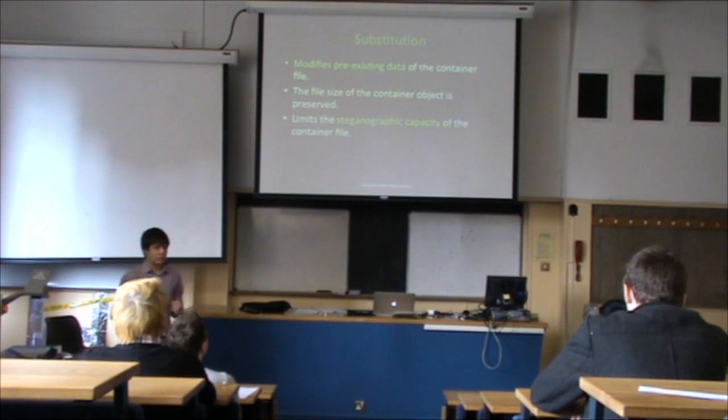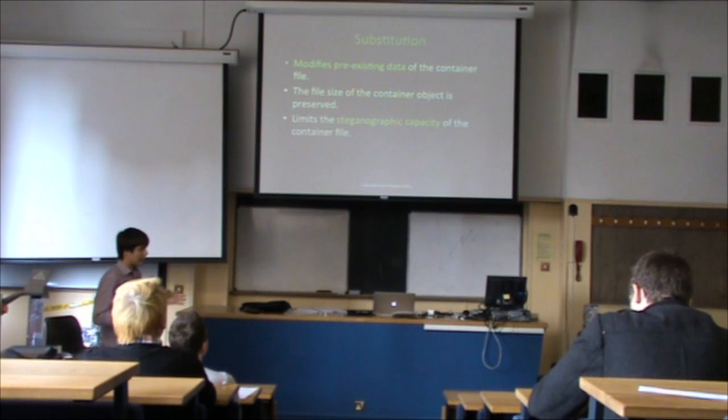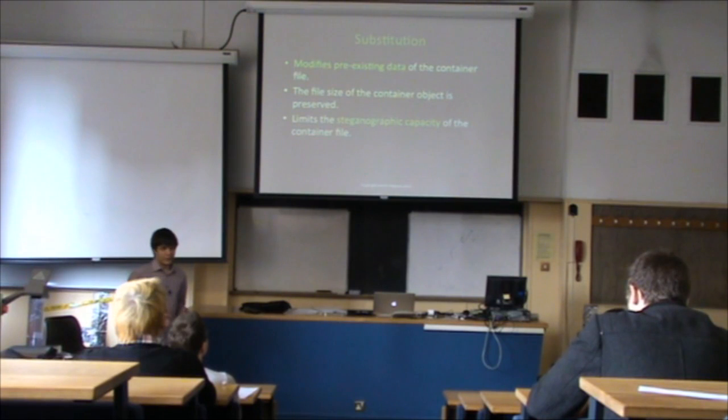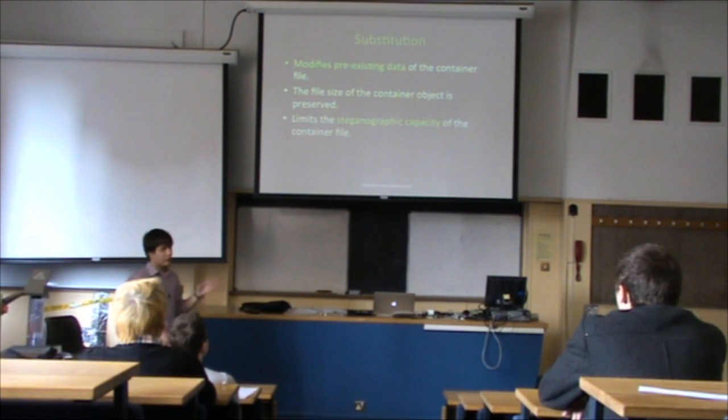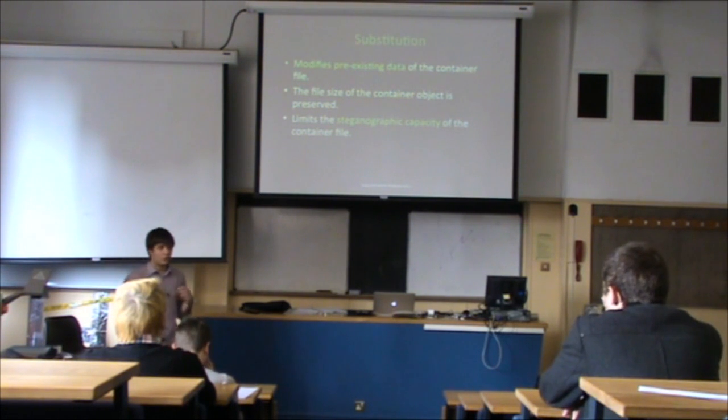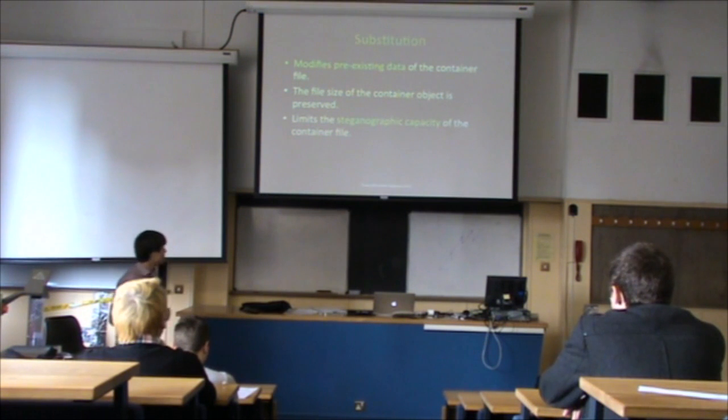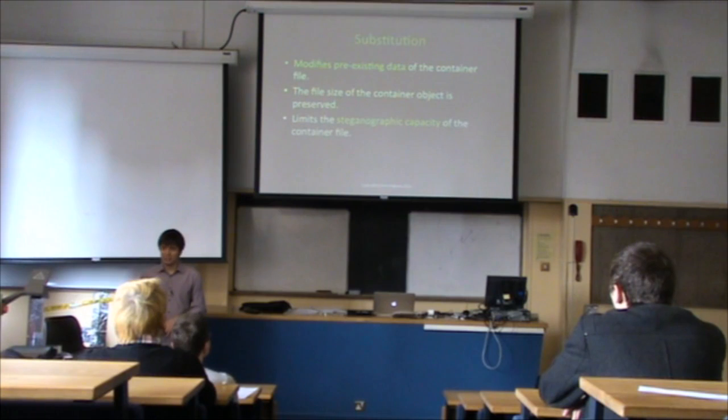So this is where you're modifying pre-existing data of the file, and with this technique, you don't generally change the file size. When we get to video, you might see how there will be fluctuation in the file size, but there's nothing in what you're doing that should really change the file size. But you've got the disadvantage with this kind of technique that your steganographic capacity is limited.